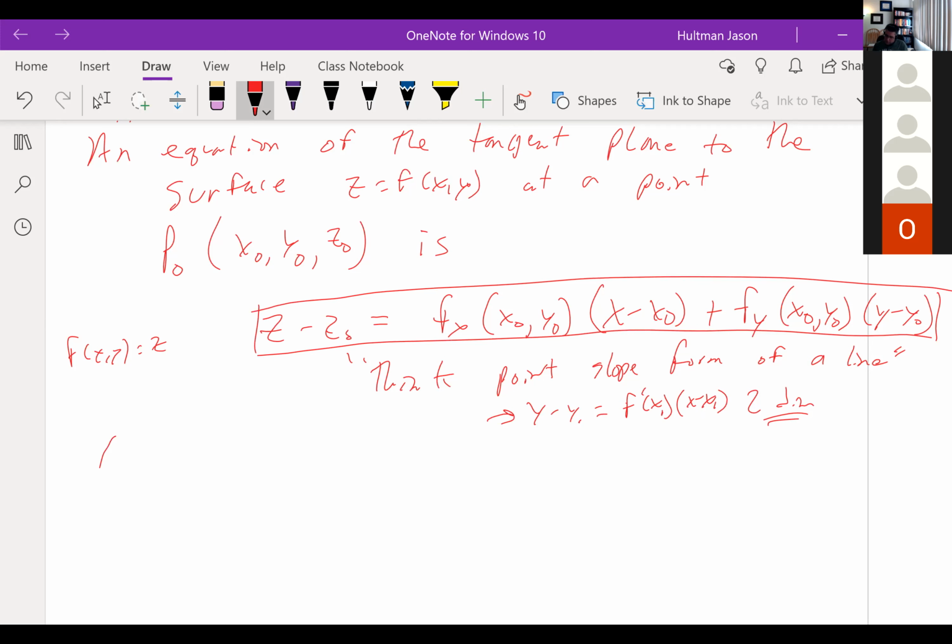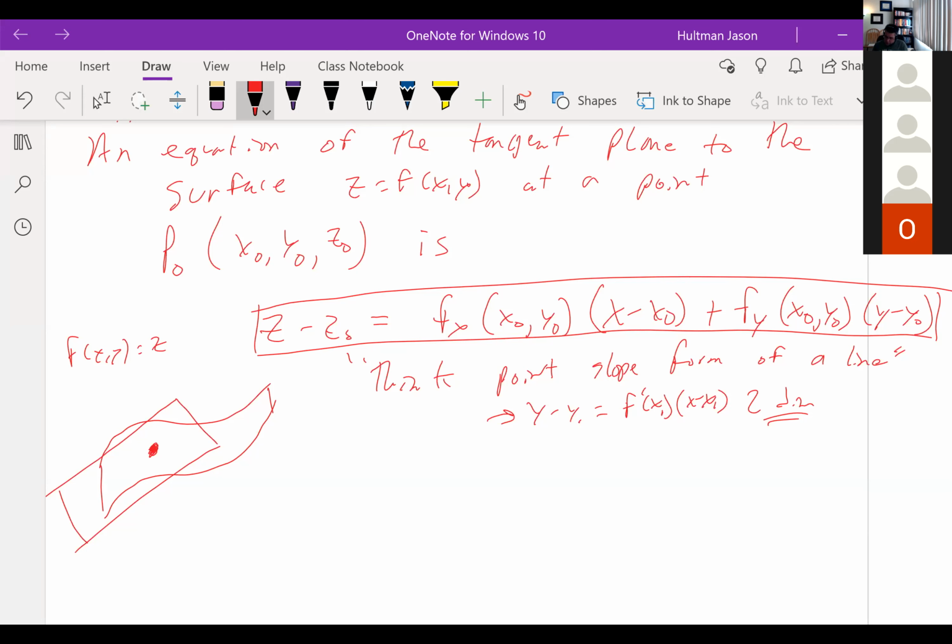Okay, so if we have a surface, think of it like a bent sheet of metal, and we had a point here, we could have a plane that's tangential to this. Okay, and then we know that this tangent plane actually has two slopes, right?